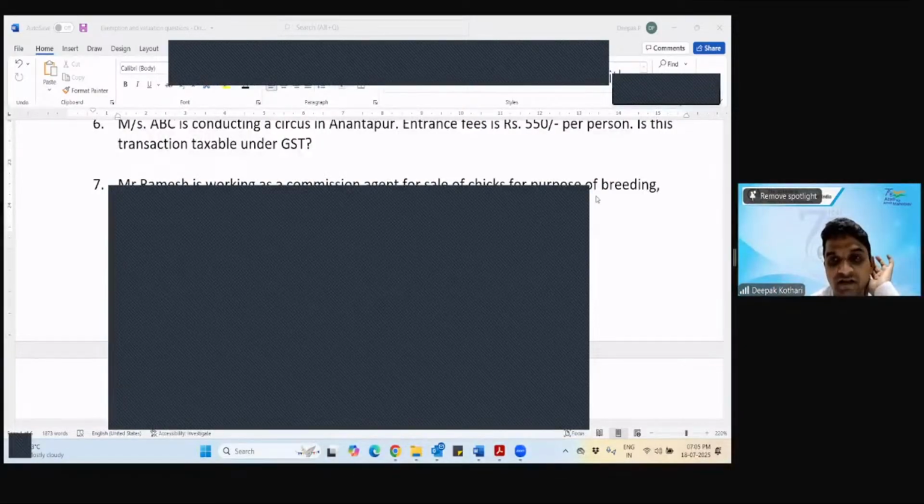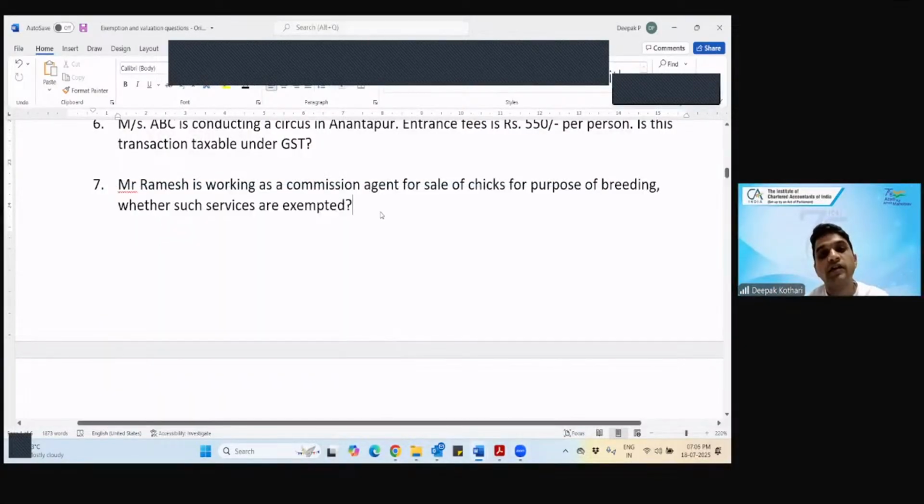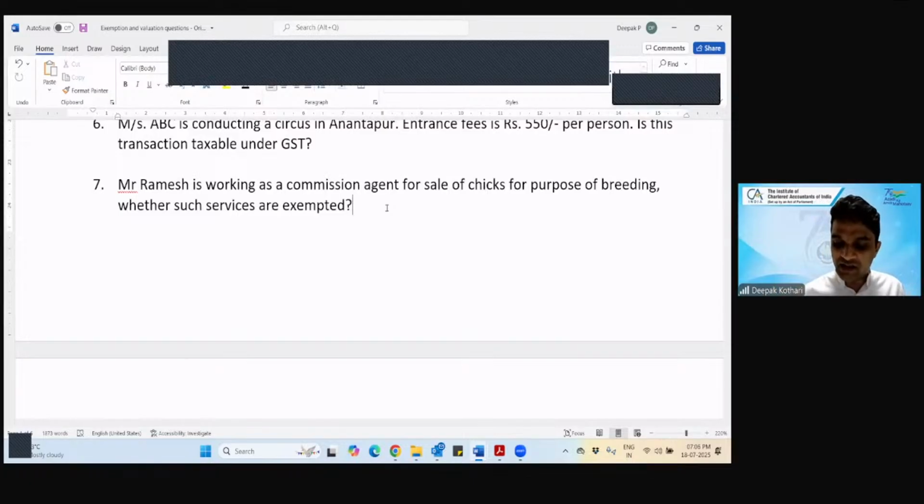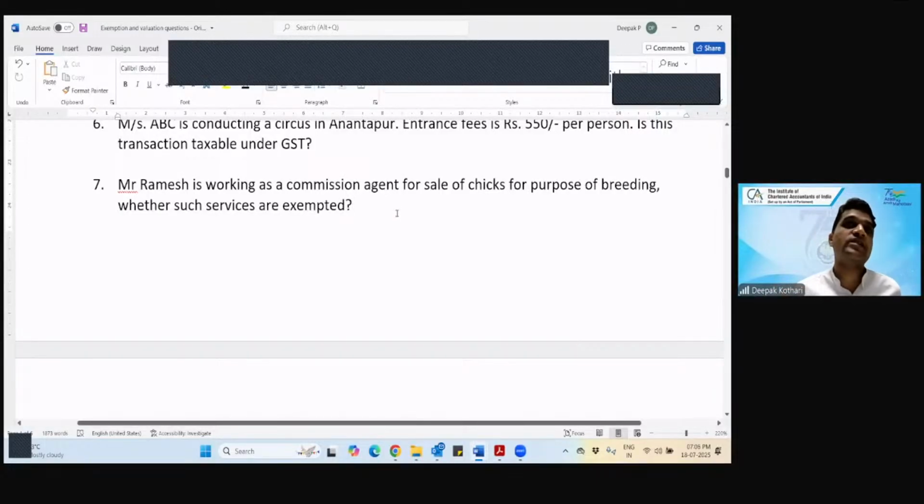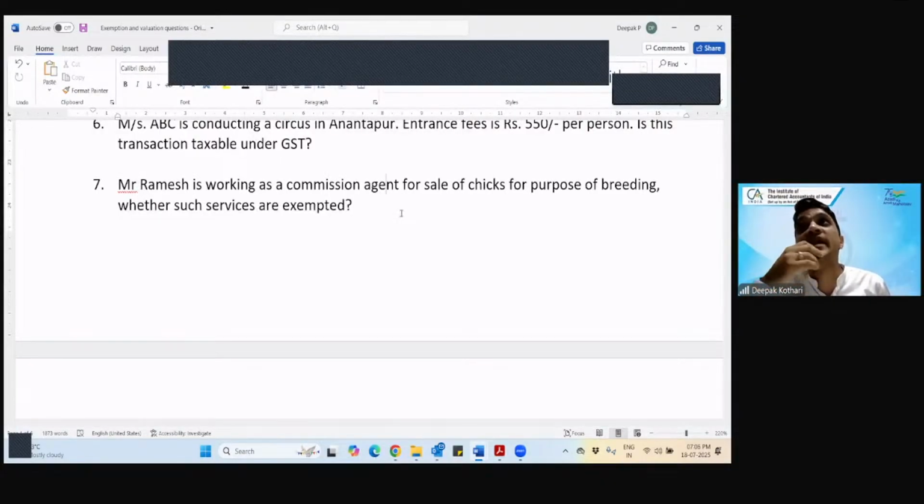Okay, varying answers. You are saying taxable, you are saying exempted. He's a commission agent for sale of chicks. In the agriculture exemption, we have seen that certain services provided by a commission agent will be exempted. When is that commission agent exempted? When he earns commission at a farm or at an APMC, Agriculture Produce Market Committee yard. There, if he collects commission, then it will be exempted.